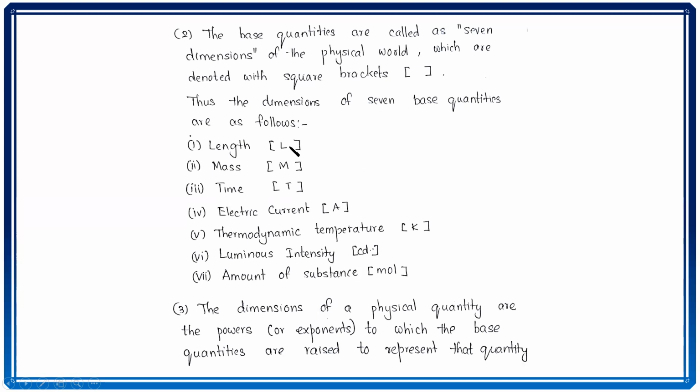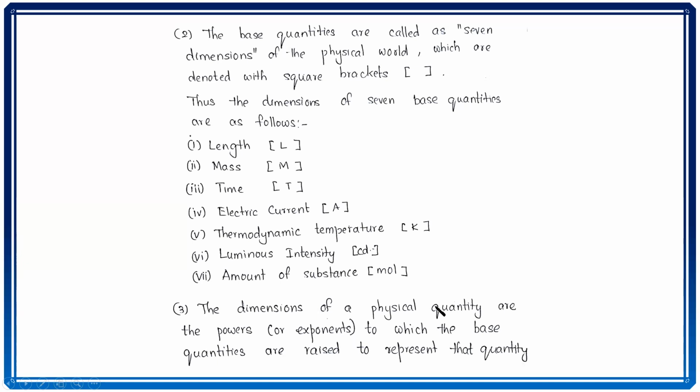So L is for length, M for mass, T for time, A for electric current, K stands for Kelvin for temperature, cd, candela, stands for luminous intensity, and mol is for amount of substance. These seven base quantities are called the seven dimensions of the physical world.